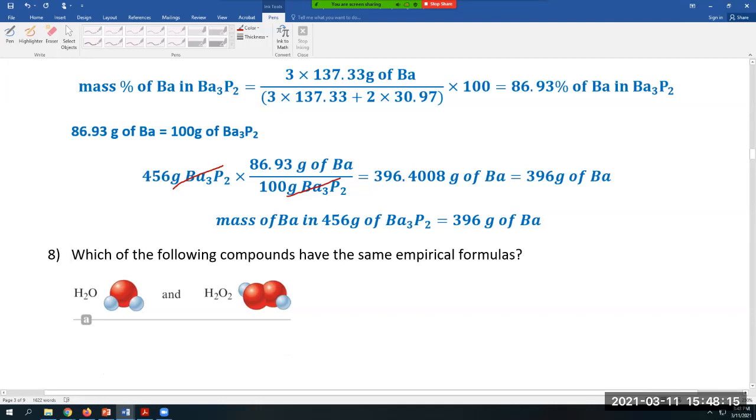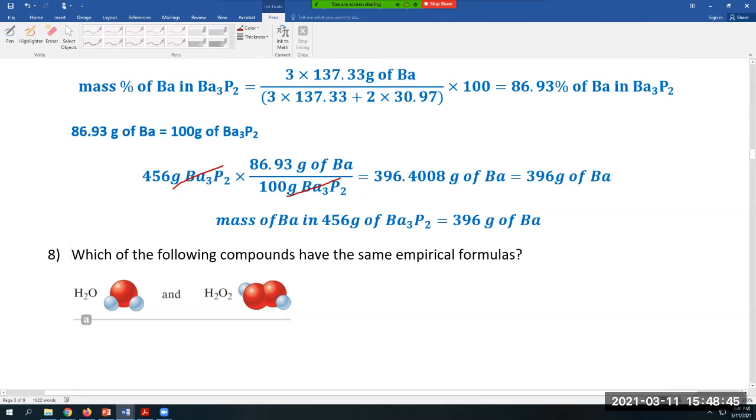And so here for water, the empirical formula is actually the same as the molecular formula, because you cannot reduce a subscript of 1 to less than 1 because it has to still be a whole number. And if there is only 1 atom of oxygen, you cannot make it smaller than that. So then the H2O empirical formula is going to be H2O. H2O2, however, has 2 subscripts of 2.